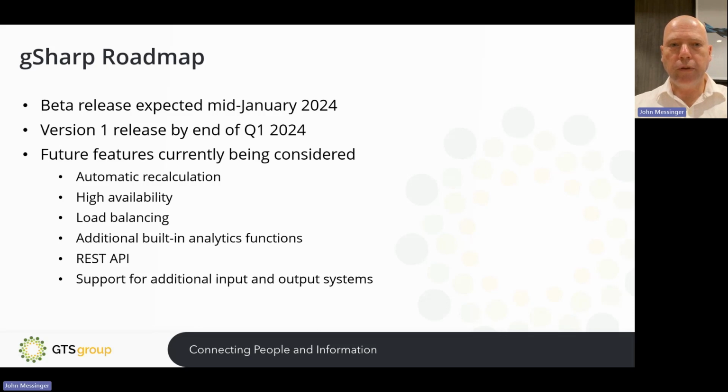Unfortunately, the dream of programmed analytics within the asset framework seems to have died a little bit of a sad and lonely death. And so we see an opportunity there to be able to expand the capabilities of gSharp. So again, that's one of those things that we're considering.